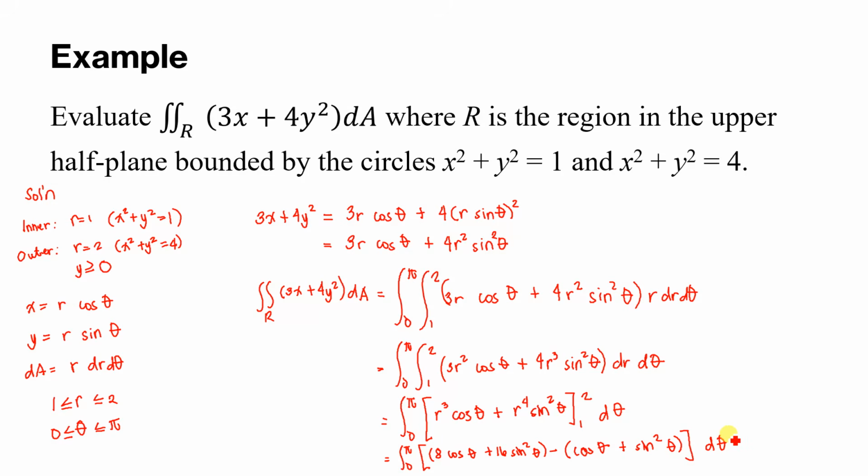So simplify. So you have 7 cosine theta plus 15 sine squared theta.